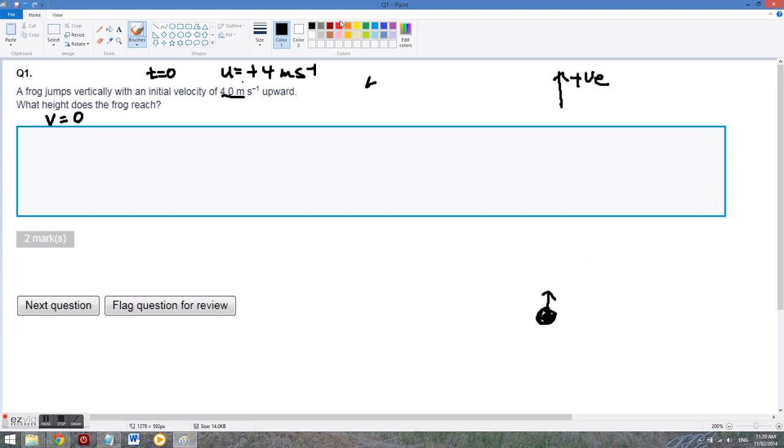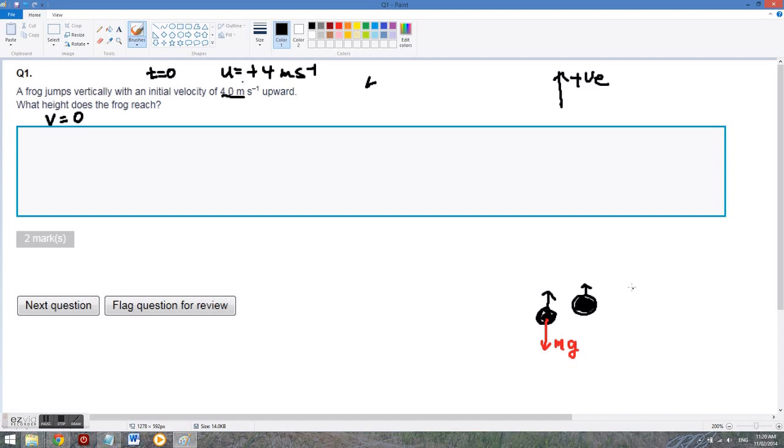Let's have a look at the forces acting on the ball. The only force acting on the ball is gravity, mass times acceleration. So if the ball moves upwards, as it moves, its velocity decreases, its speed decreases, because gravity is pulling it down.